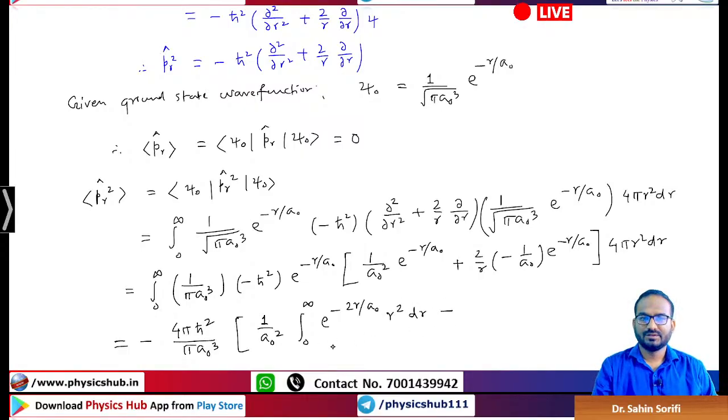Minus 2 by a naught is constant, 0 to infinity e to the power minus 2r by a naught, and as you can see it is 1 by r, 1 by r into r square, so that is r dr.